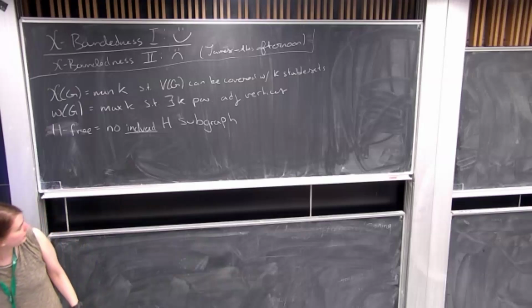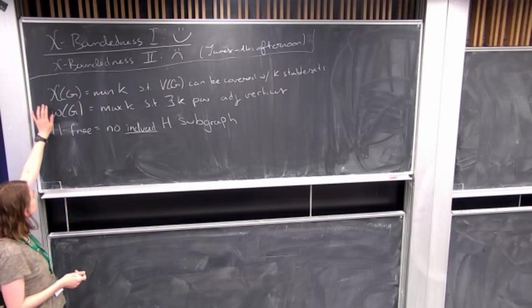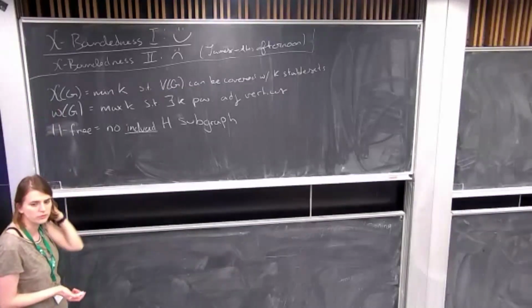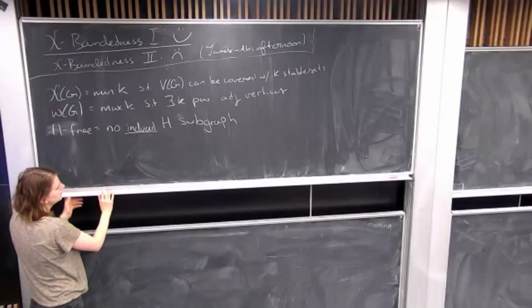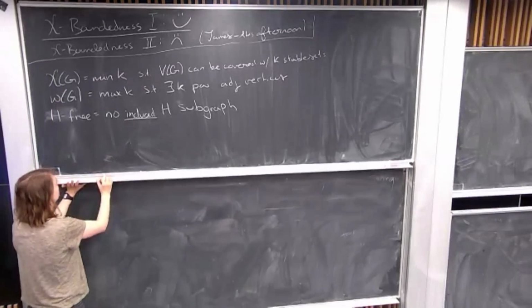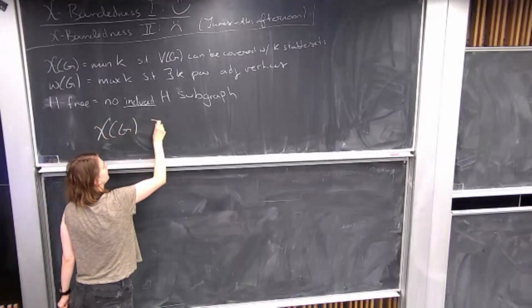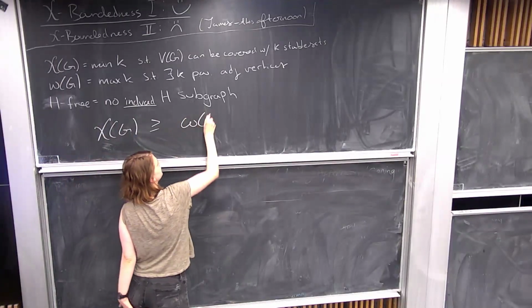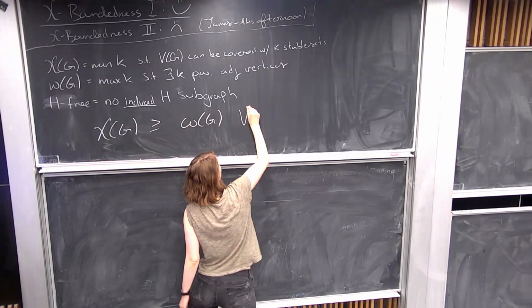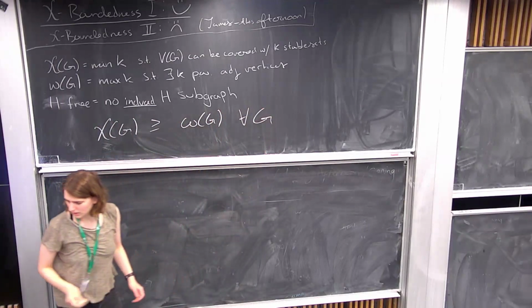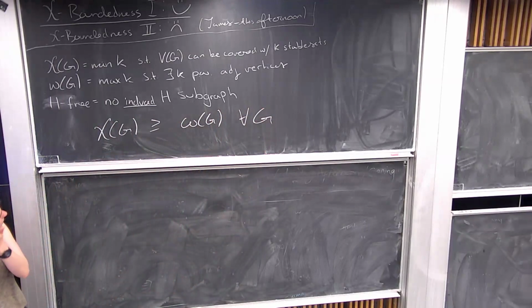So basically, the idea is you have chi and omega, which are dual parameters. Clearly you have chi of G is at least omega of G for all G. And chi-boundedness is trying to ask, okay, we have this lower bound.